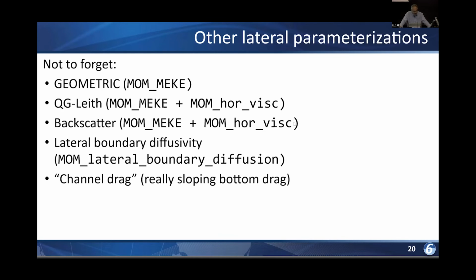And then finally, there is a channel drag, which is a representation of the effect of, in a z-coordinate model, you would see a vertical wall, and you would have a drag against that, just because there's a wall there. We've got something similar, but it's because there's a bottom slope in the model, and it's actually the bottom boundary layer being exposed by being tilted.